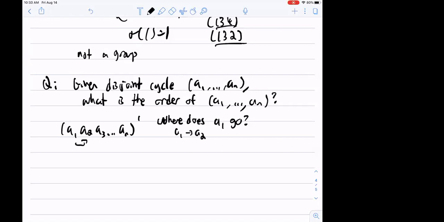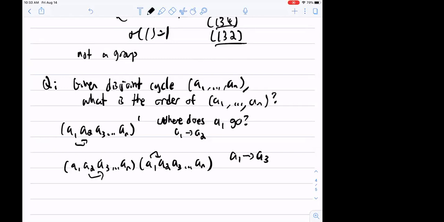That is not the identity. Now, where does the second power take me? So you will all start seeing why it's n once I ask you these questions. So here, A1 goes to A2, A2 goes to A3, right? So A1 goes to A3. Are you seeing the pattern?